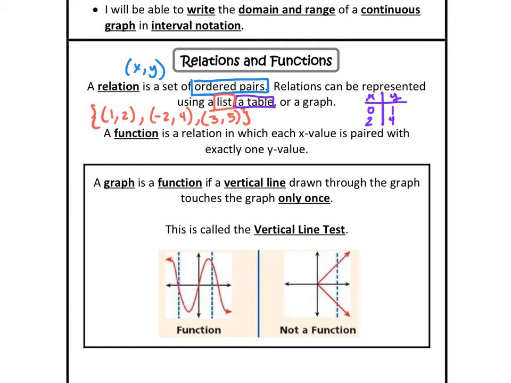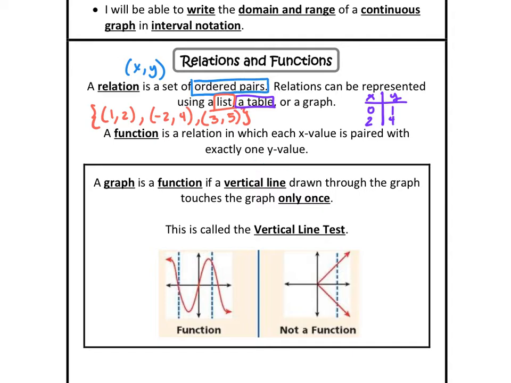The next thing I want to talk about is a function. What does it mean to be a function? A function is a relation. What's a relation? A set of ordered pairs. So a function is a set of ordered pairs in which the x value is paired with exactly one y value.